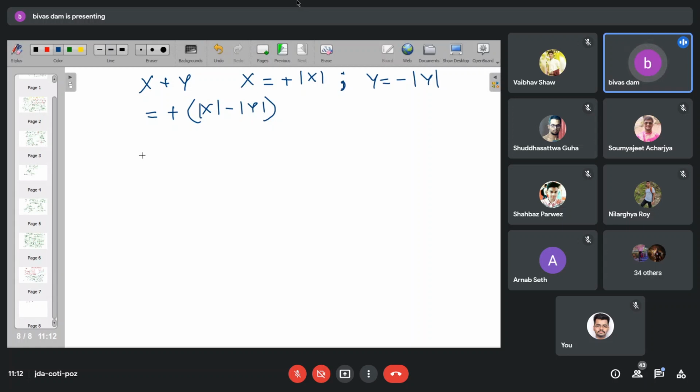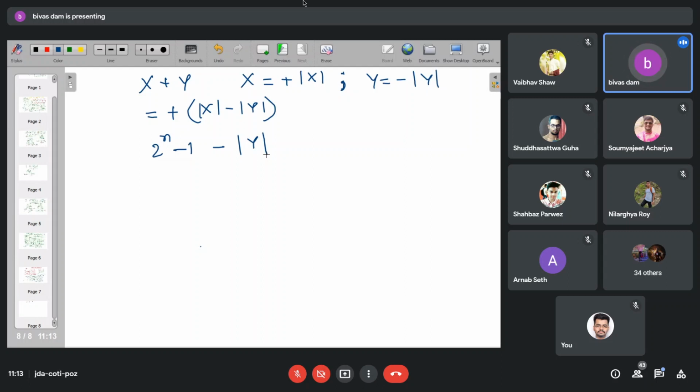Now, for any negative number, arithmetically how is that negative number's 2's complement obtained? Now, how is the 1's complement of a negative number obtained? 2 to the power n minus 1 minus mod y, as y is the negative quantity here.